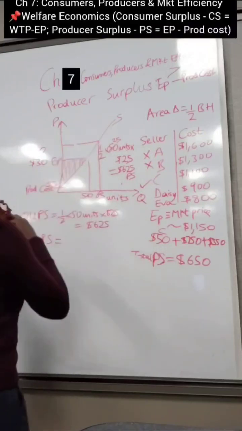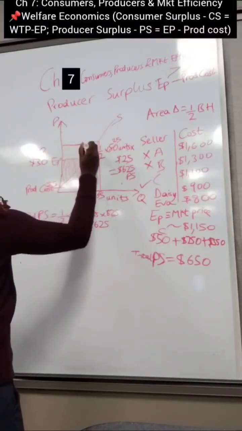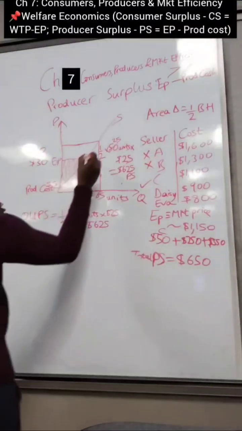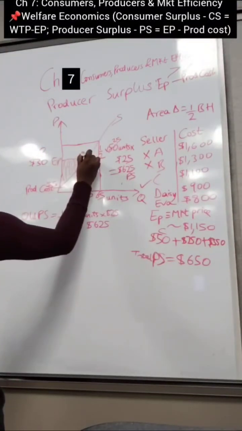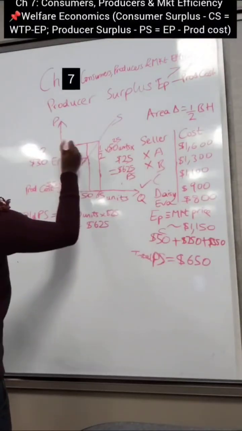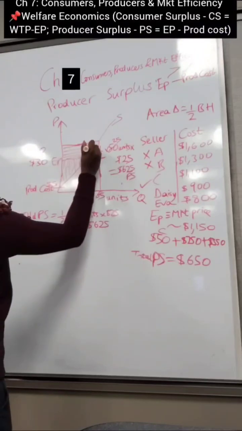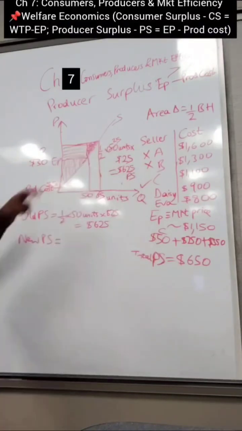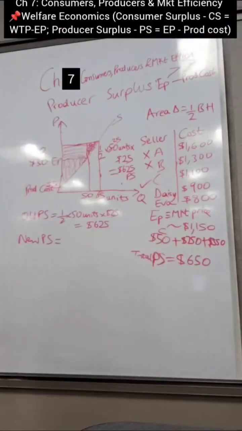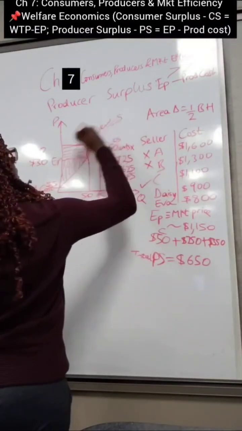So I'm just going to take out the demand curve so that it's very easy to see what is going on. All right, okay. So now you can see that the increase in this producer surplus can be divided into two parts, right? So you have your rectangle part and you have your shaded part. And the rectangle part is due to the old sellers that were already in the market, and then the shaded part is due to the new sellers, okay? So this is your new and this is your old, okay?